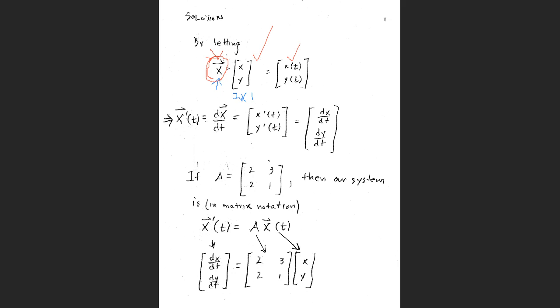Now, what would the derivative of my vector x be? I would denote that as the derivative vector x prime of t, or dx vector/dt, and that's just going to be the vector that has the derivatives of x and y.